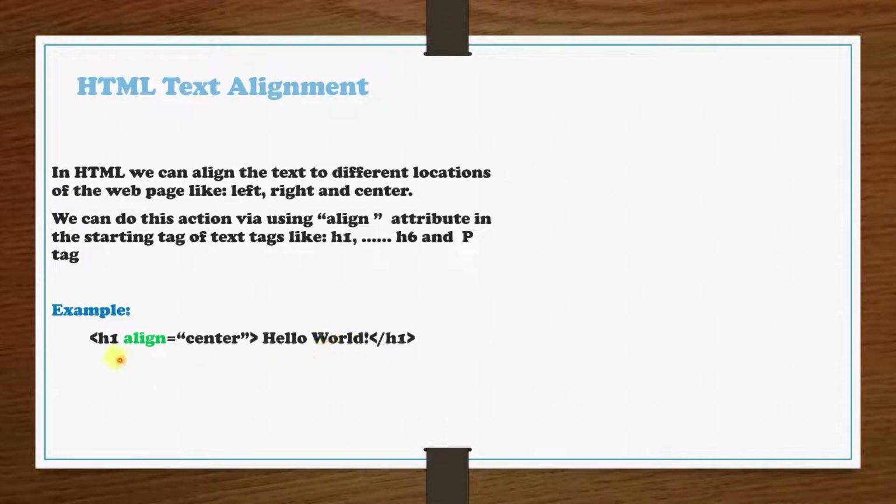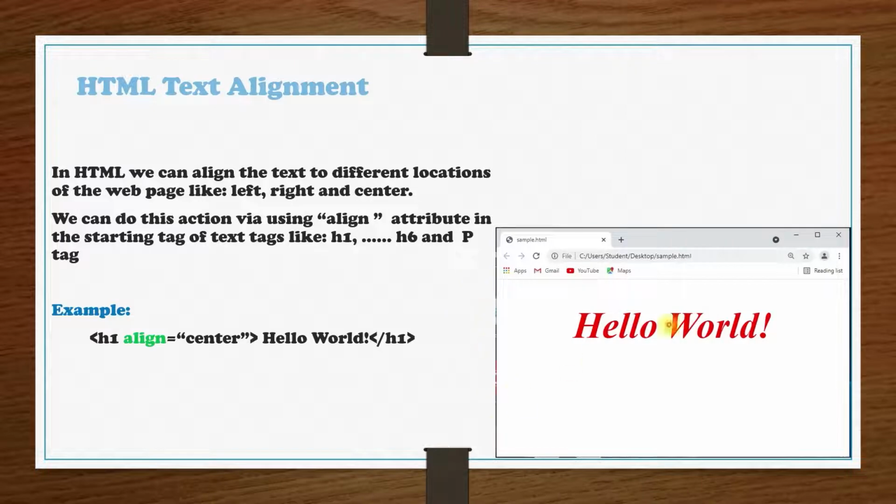This message is written inside the h1 tag, and for relocating the message to the center of the web page, I used the align attribute, and as the value I give center to relocate my text to the center of my web page.